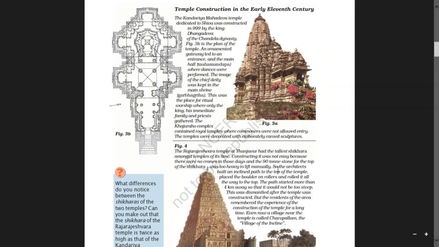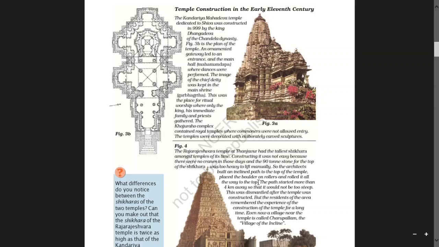So, the architects built an inclined path to the top of the temple, placed the boulder on rollers, and rolled it all the way to the top.